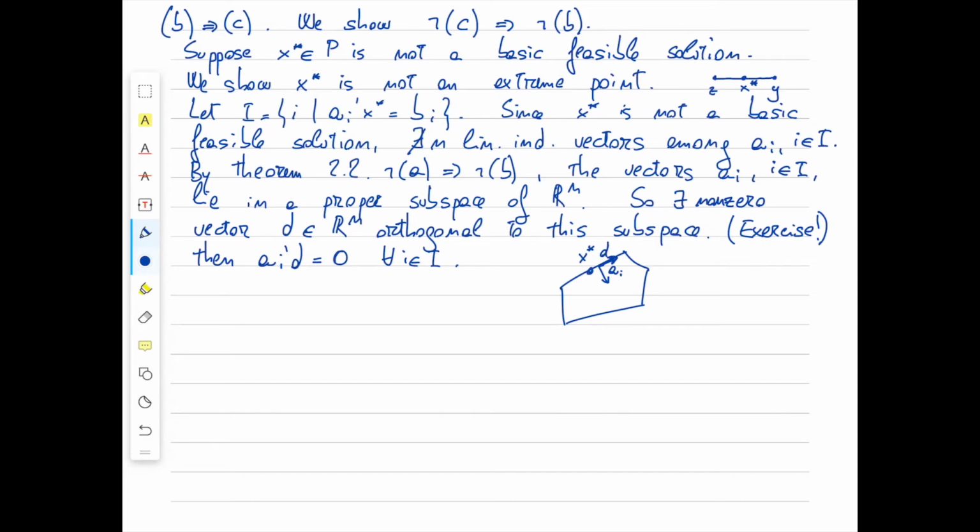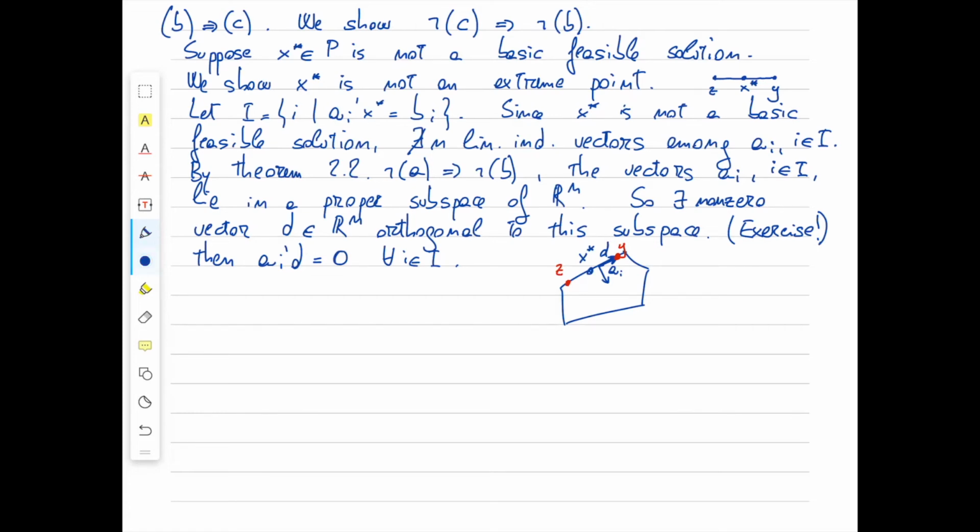As you can see, this vector D is extremely useful for us because we can construct a new vector Y by going from x star in the direction D, and similarly we can construct a vector Z by going from x star in the direction minus D. And if we're careful to not go too far, then both Y and Z will still be in the polyhedron, and the segment joining Y and Z will contain x star, showing that x star is not an extreme point.